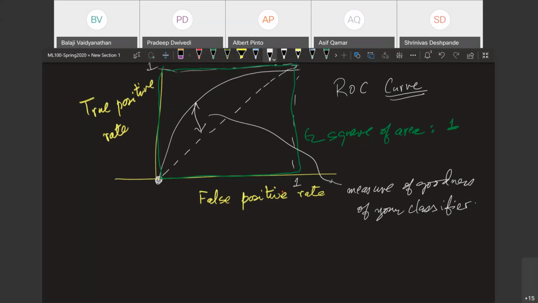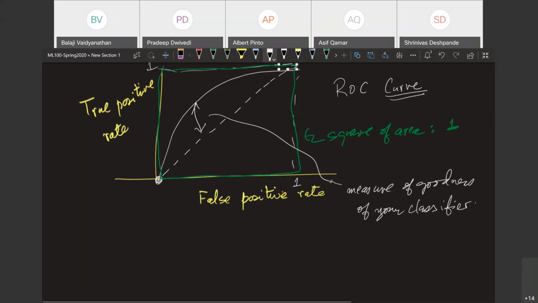Suppose 10% of the cases you mark as positive. Well, your true positives will go up because now some positives are being marked as positive, but your false positive will also go up because quite often you have just randomly picked something as positive and it is not positive. So a bad classifier's ROC curve will look like the diagonal line.